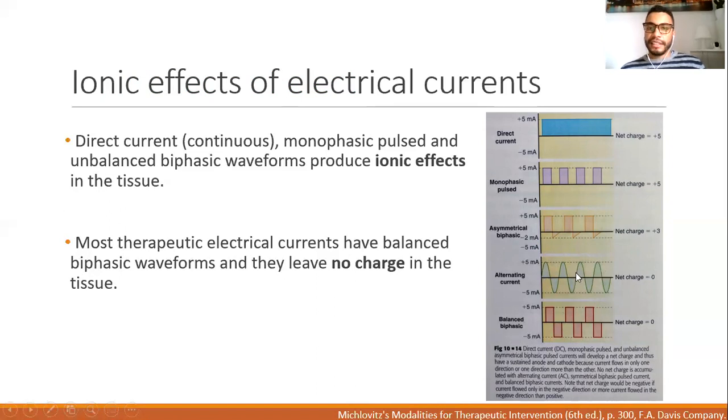As you see here, the green graph and the red one, the net charge is 0 because they are balanced, okay? So those types of currents have another use. They are more used for muscle strengthening or for pain modulation.